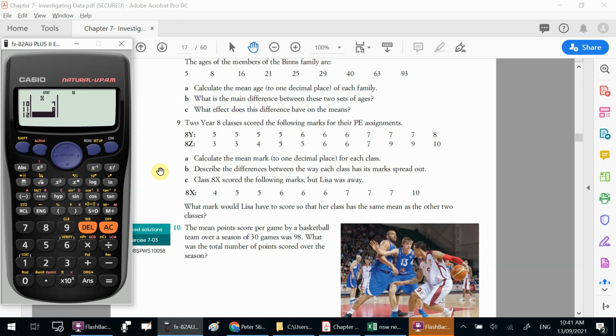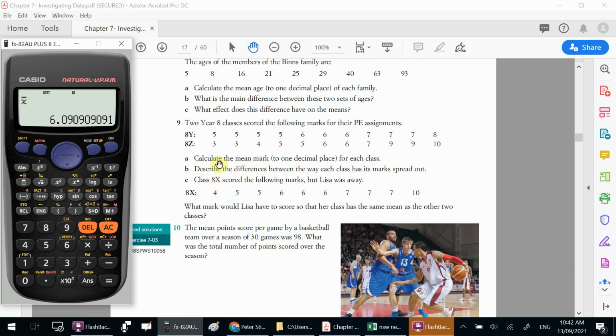Okay, 11 scores. Next step, once we've got all the scores in, we press AC, then Shift, 1, 4, and 2. So the mean is 6.09, and that's recurring.